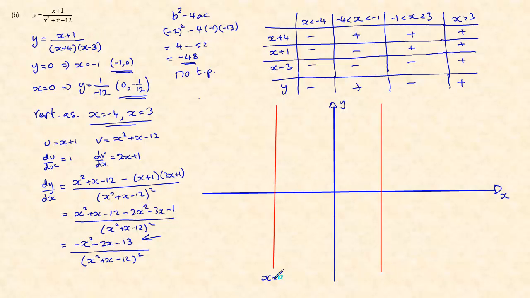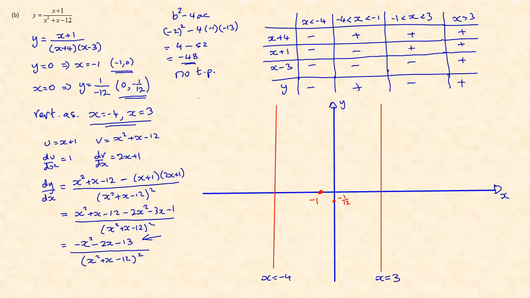So x equals -4, x equals 3. We know that we have an x-intercept here at -1, and the y-intercept is at -1/12.